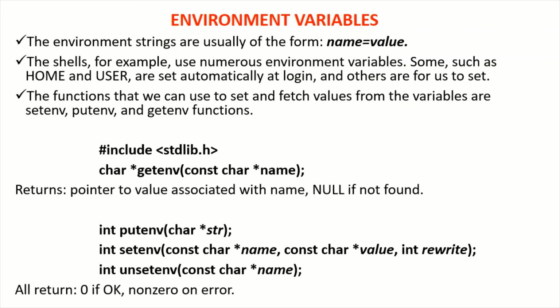The functions that we can use to set and fetch values of the variables are setenv, putenv, and getenv. The prototype is: include stdlib.h, char star getenv, which takes a constant char pointer name and returns a pointer to the value associated with the name, or null if not found.